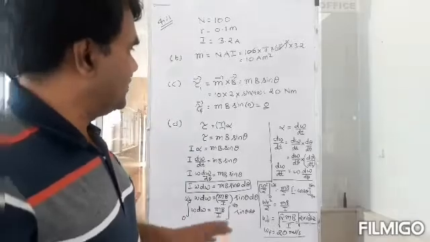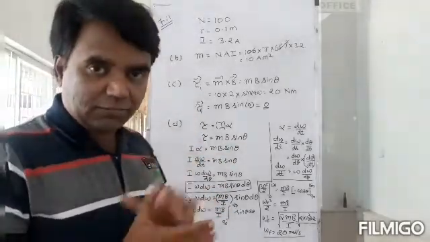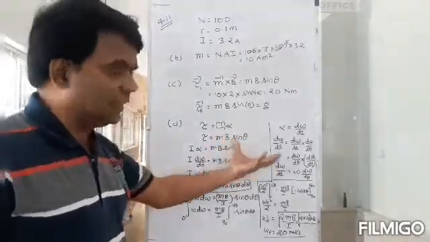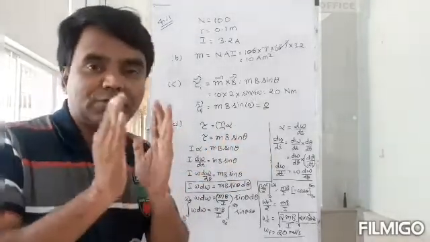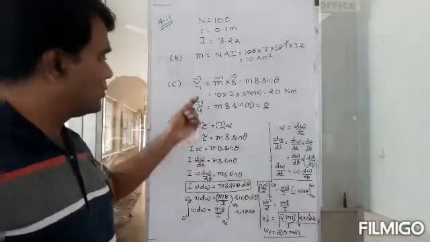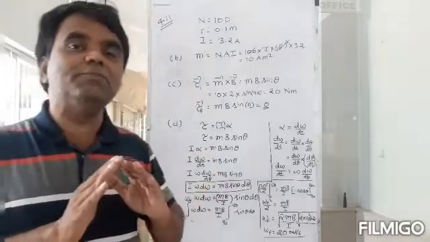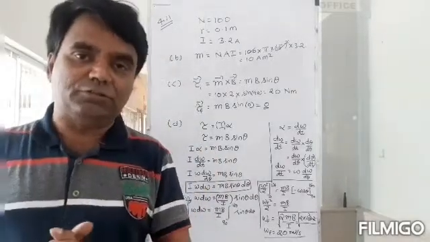Okay, so let me repeat this. Let me try to explain this a little further because it may confuse you. Let's see what we have done in this part. Okay, we know that tau is equal to I alpha. We say tau is the rotational equivalent of force.